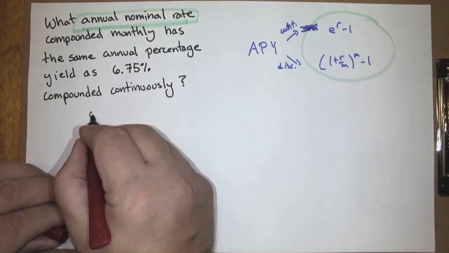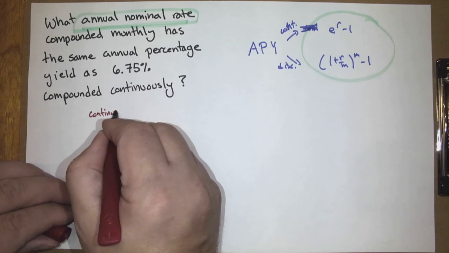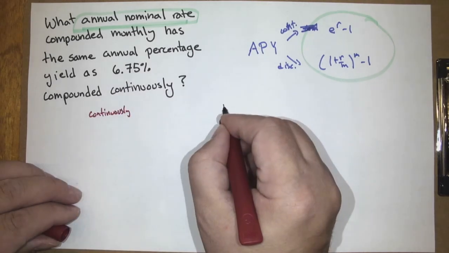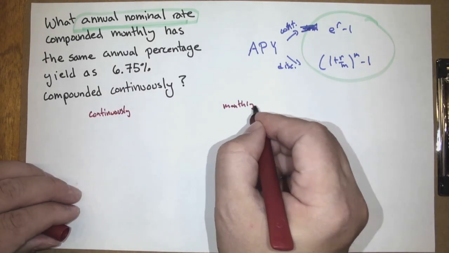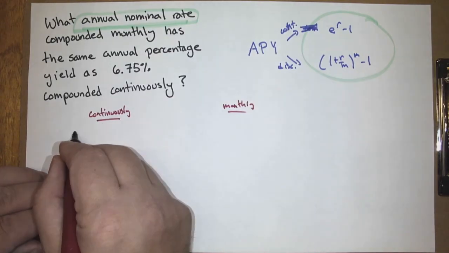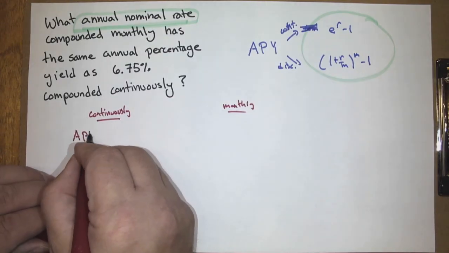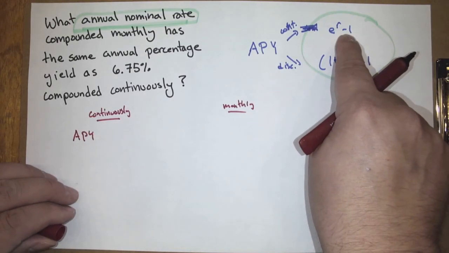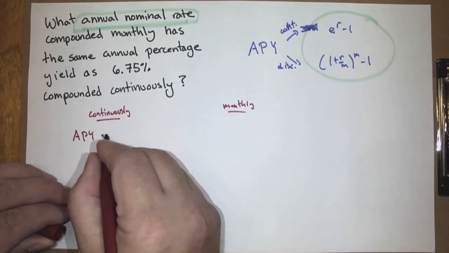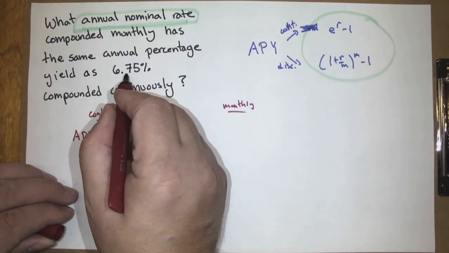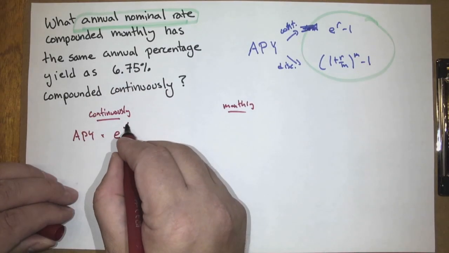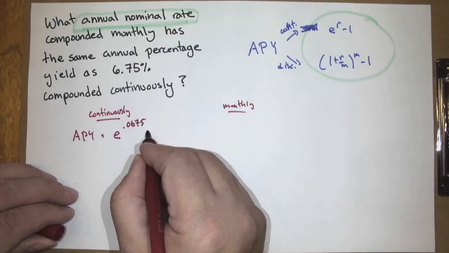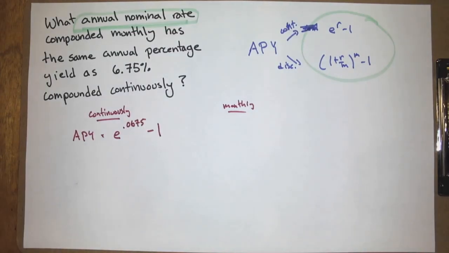There's the continuous investment, there's the monthly investment. For the continuous investment, our annual percentage yield, using our formula here, would be e to the, and we convert 6.75% to 0.0675, minus 1. So that would be the annual percentage yield for that investment.